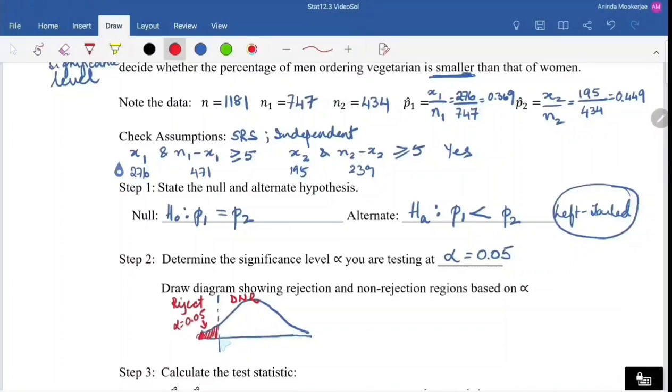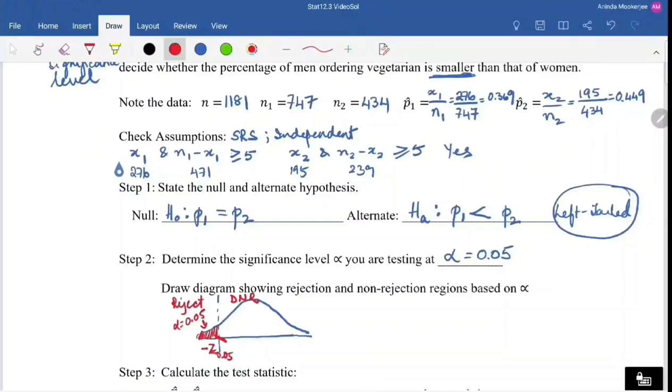Correct? Therefore, the cutoff between the reject and do not reject, which is a z value, all proportions based questions will use z distribution. So it's the z tables that we are going to refer to. Now, because it's a left tail test, the cutoff z value is going to be negative z of alpha, which is 0.05.